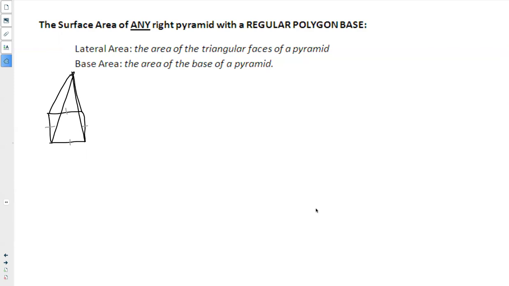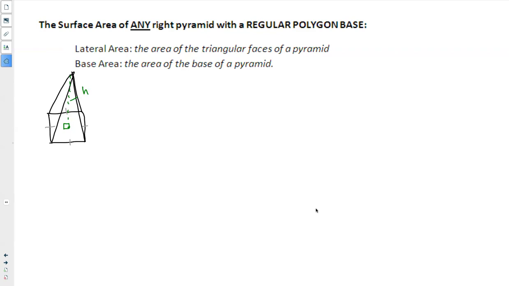Okay, so here is a pyramid, a square pyramid. We have the height from the center of the base.